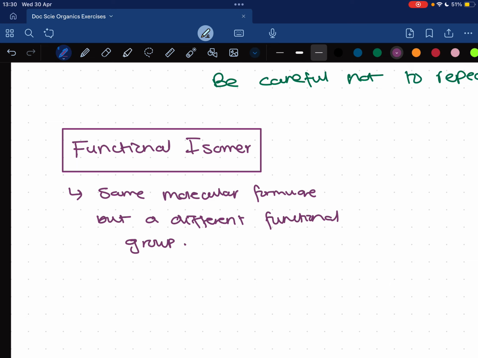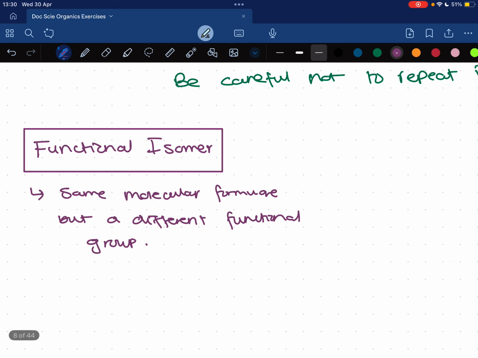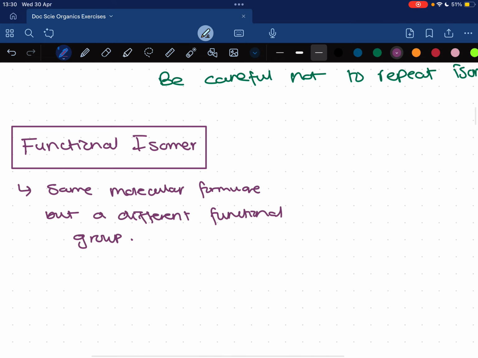So take a moment, pause, go look at all the functional groups and try and see if you can guess which two functional groups are isomers of each other. Remember, they have to have the same molecular formula, so they must have the same type of atoms.